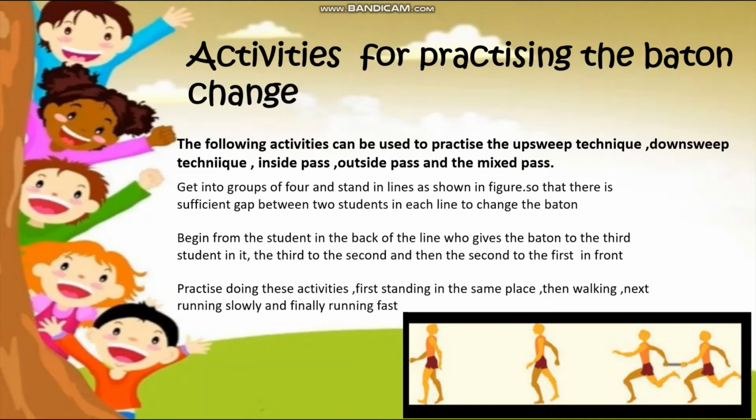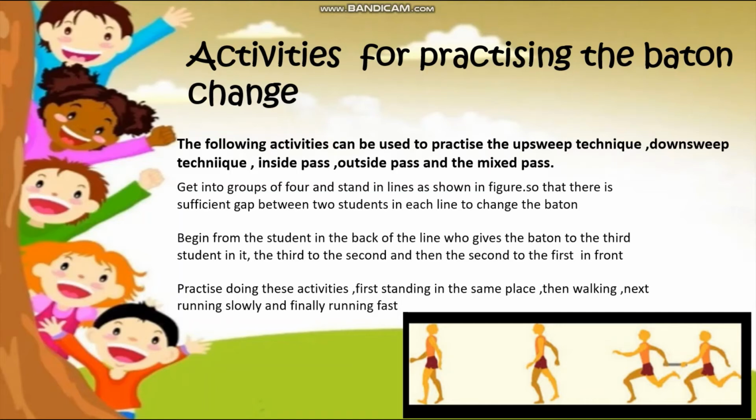Get into groups of 4 and stand in lines as shown in the figure, so that there is a sufficient gap between 2 students in each line to change the baton.